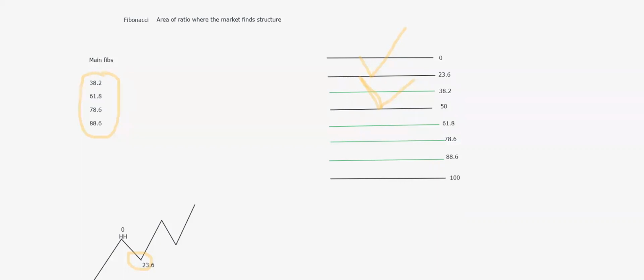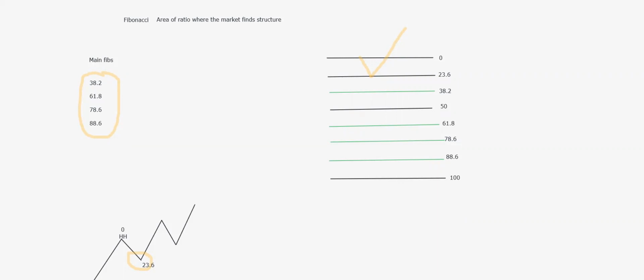So within these green lines, this main fib level, price reacts a certain way. It tells a story to let us know that, all right, we're at a main fib level. So anytime price lands on 23.6, it is not a valid structural level. Okay, remember that.